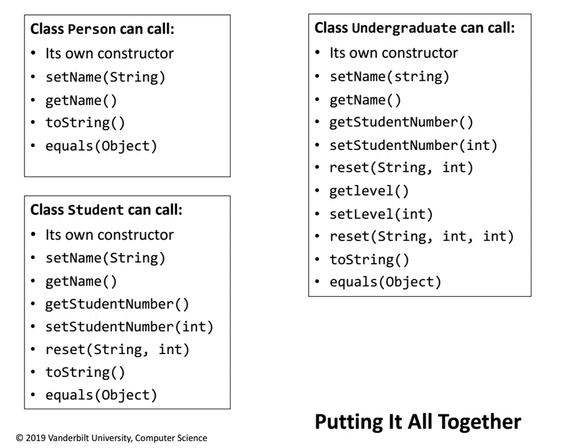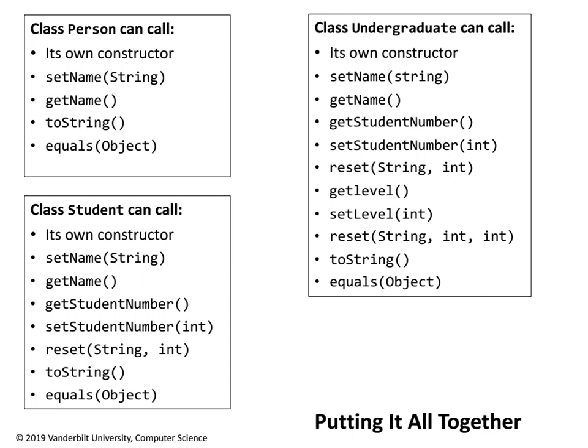So then, putting it all together, an object of type person can call its own constructor, setName, getName, toString, and equals. An object of type student can call its own constructor, setName, getStudentNumber, setStudentNumber, reset, toString, and equals.